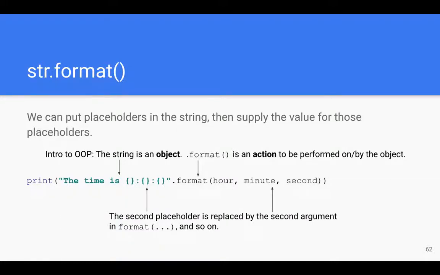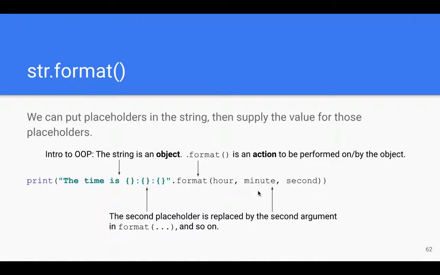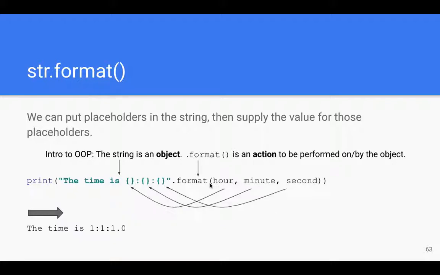And by the same token, the second placeholder is replaced by the second argument inside this format call, and the same thing for the third argument. That's literally what happens here.